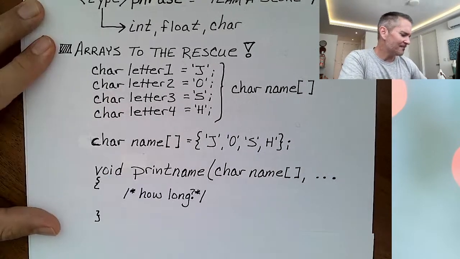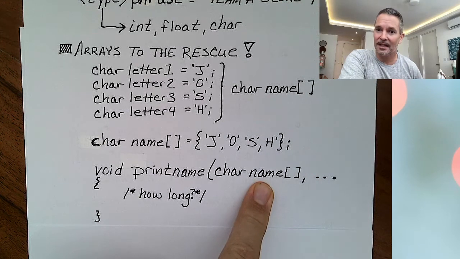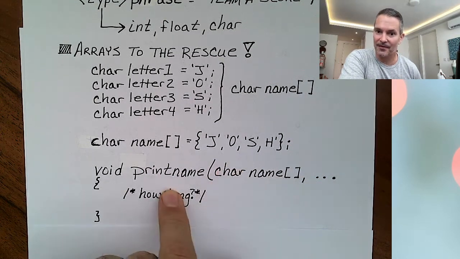Well, I would really struggle to write this function because I'd need to know how long this name is that you've passed into the function. I can't tell how long it is by just looking at the pointer to the name. I can't call sizeof on the pointer that gets passed into this function.